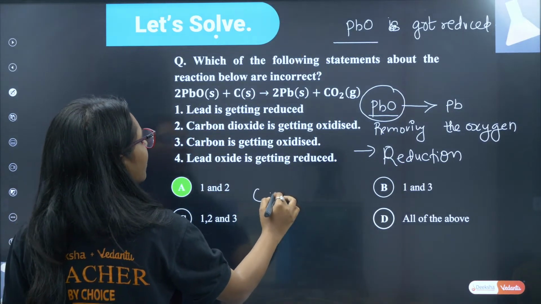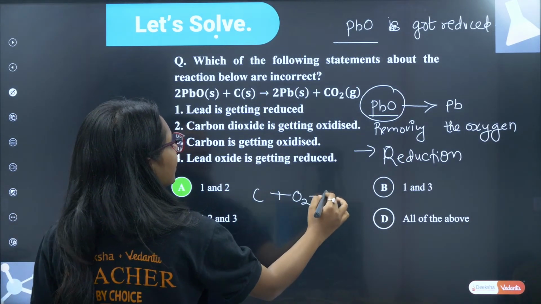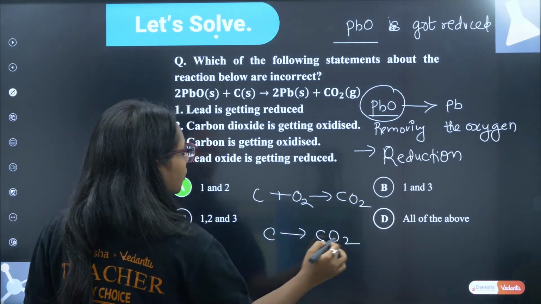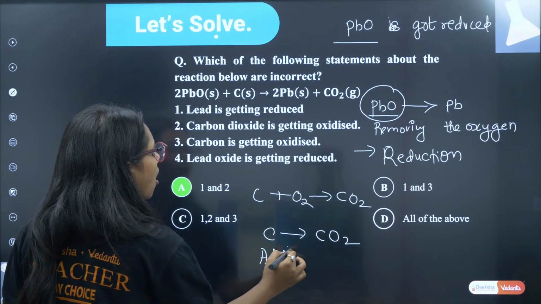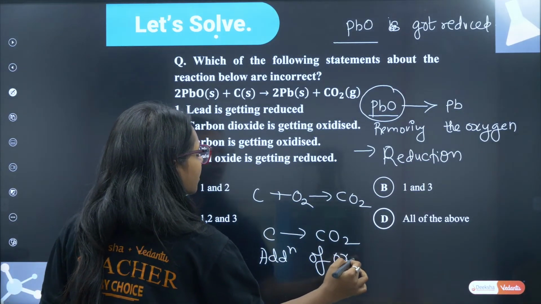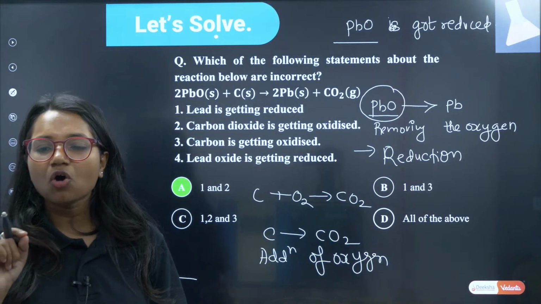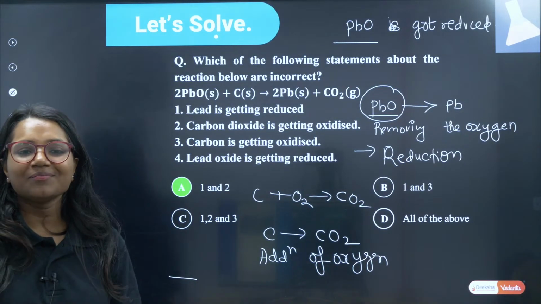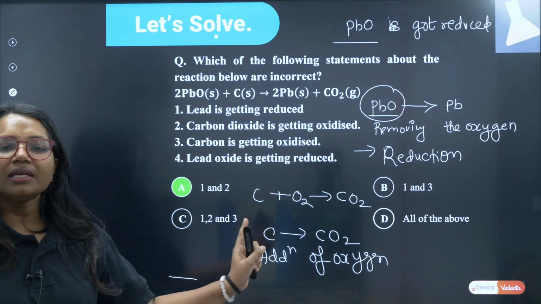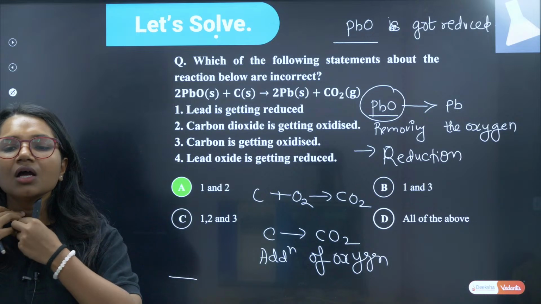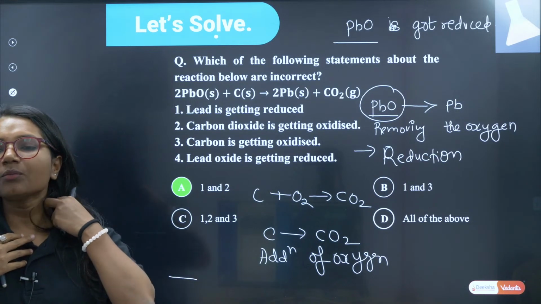Now carbon, adding oxygen, is converting into CO2. Addition of oxygen is called what? Can you guys tell me? Do let me know in the chat box.